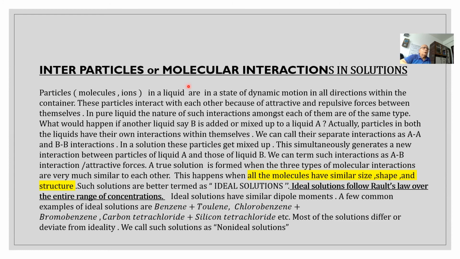Simply a physical combination. Molecules get united. That is known as an interaction, physically. So, let us see what happens in the pure liquid A and liquid B. If the liquid A is there, there are molecules of A, we call them A molecules, and a number of A molecules are there.